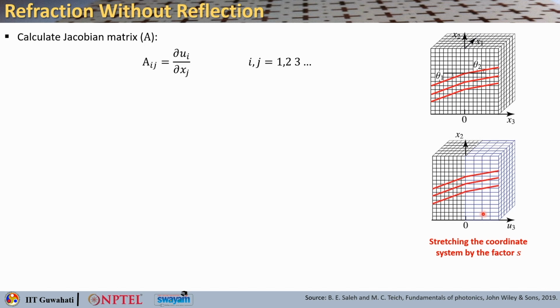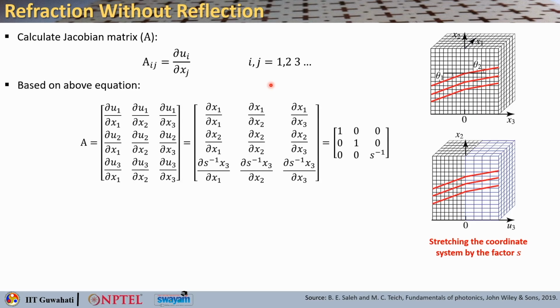Once you understand that these are my new axes and these were the old axes, you can always calculate the Jacobian matrix A. So, Aij can be given as the partial derivative of ui with respect to xj, where i and j can both be 1, 2 and 3, and then you can calculate this because you already know the values. So, the Jacobian matrix can now be calculated.